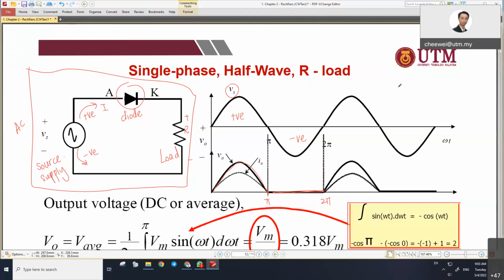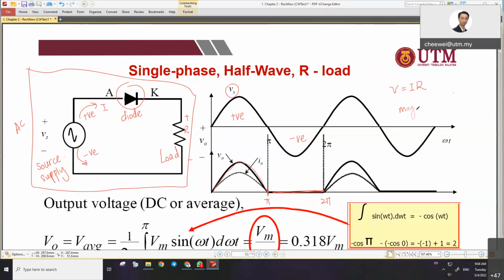What is the voltage across the resistor? Basically, V equals IR. That's why the dotted shape, which is the current I, is the same shape as the voltage. V out and I out are the same shape, but the magnitude is not the same, right?